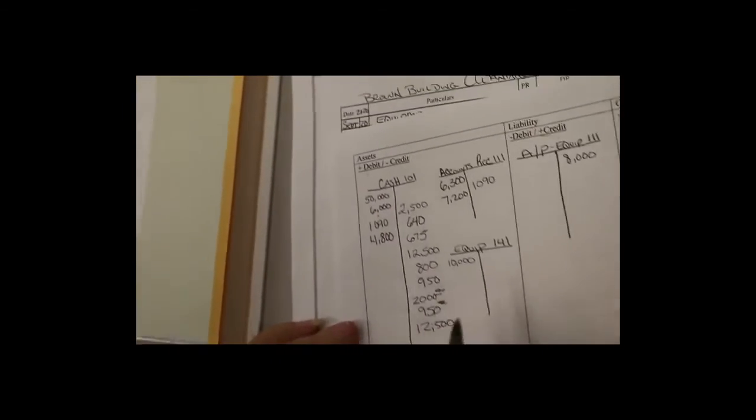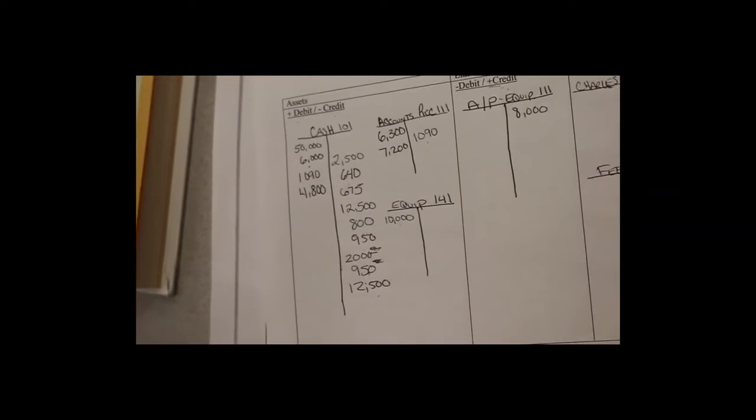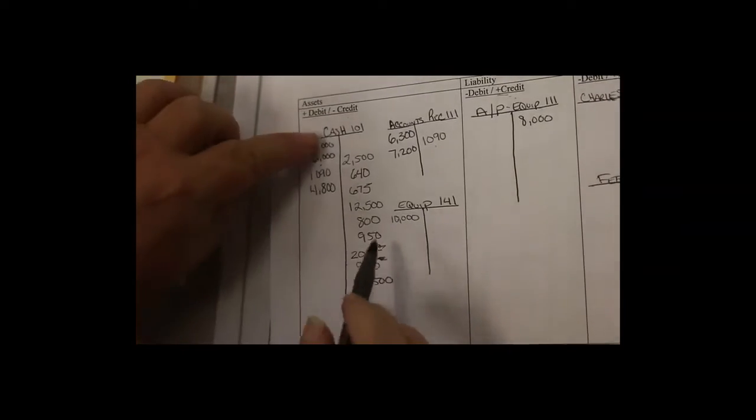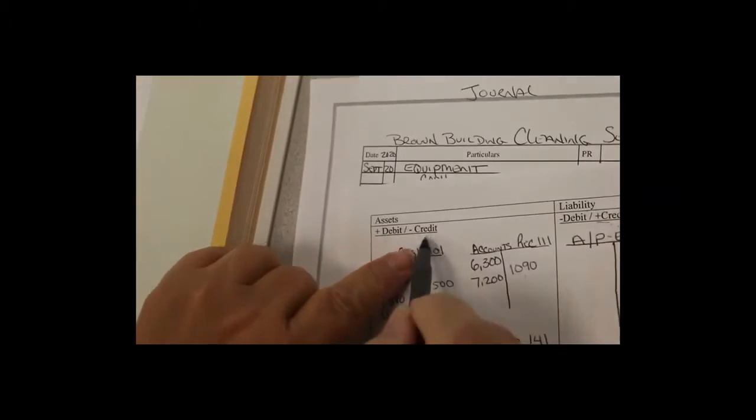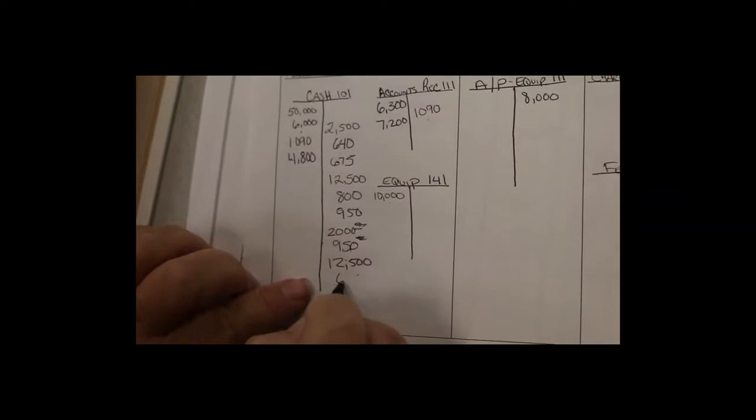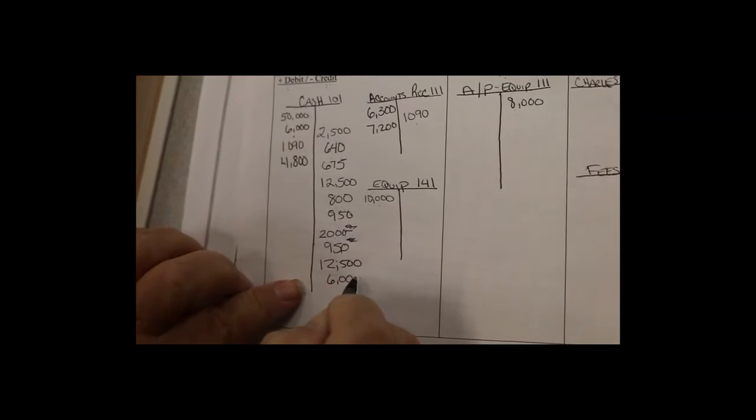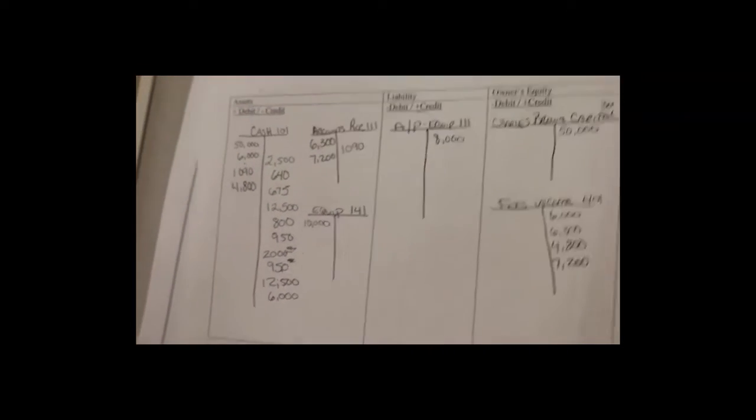Now, what does that do to our cash? That's going to take away from our cash, so we're going to credit cash. $6,000 credited to cash.